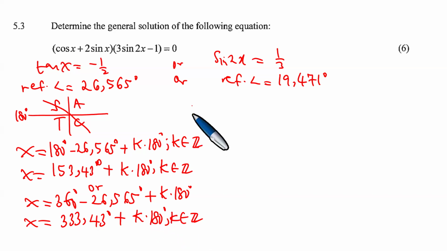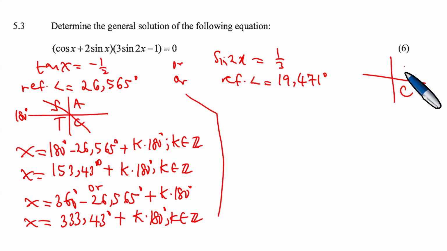Okay, good. Now we continue to look at the other part as well. So we've exhausted the two quadrants of interest, namely the second and the fourth. Now looking at the other equation, and obviously focusing on the quadrants where the solutions lie.